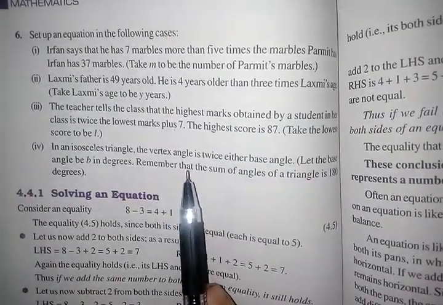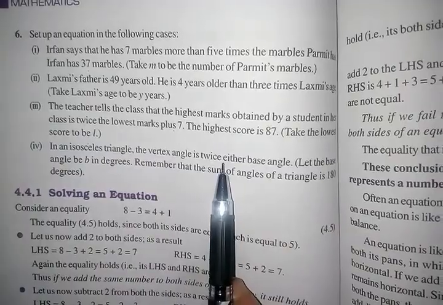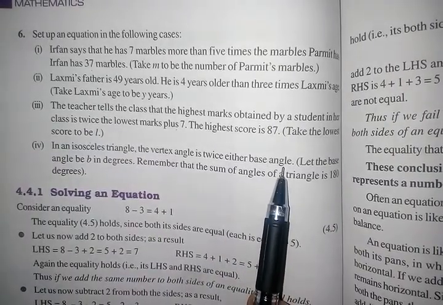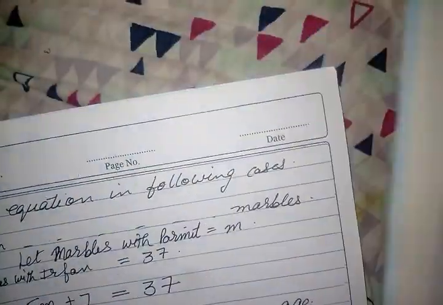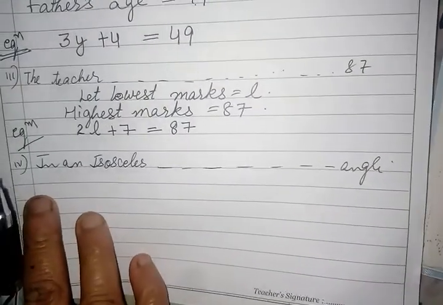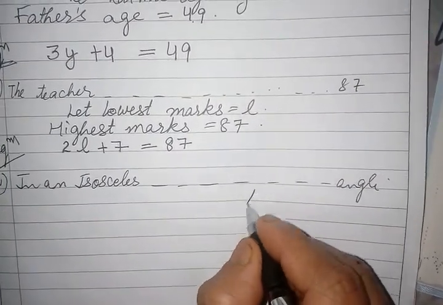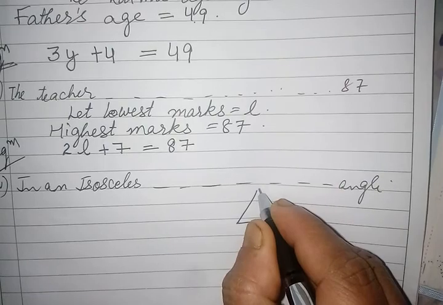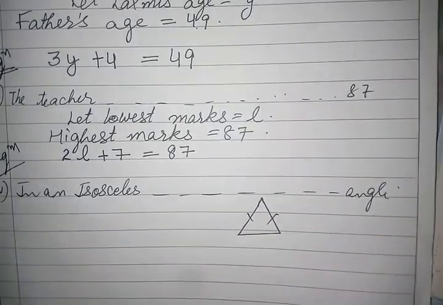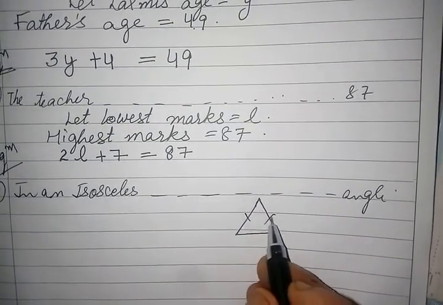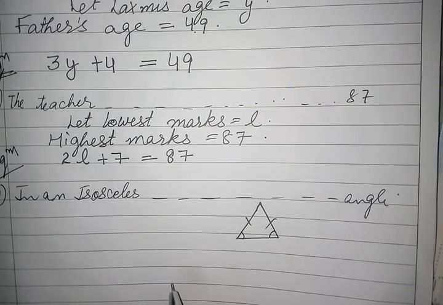Now again last part, in an isosceles triangle the vertex angle is twice either base angle. Now see with the figure, this is an isosceles triangle. You know, in an isosceles triangle 2 sides are equal and the angles opposite to these will also be equal.